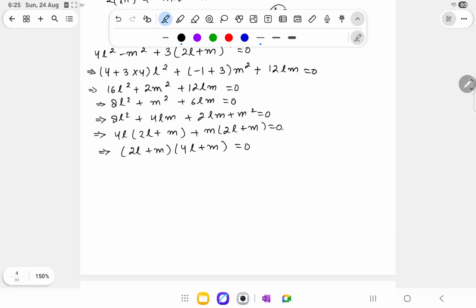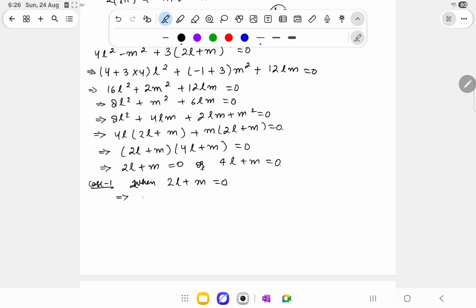So from here I got two relations between l and m. Either 2l plus m equals to 0 or 4l plus m equals to 0. So I'll get the direction cosines of two generator lines. Case 1 is when 2l plus m equals to 0.